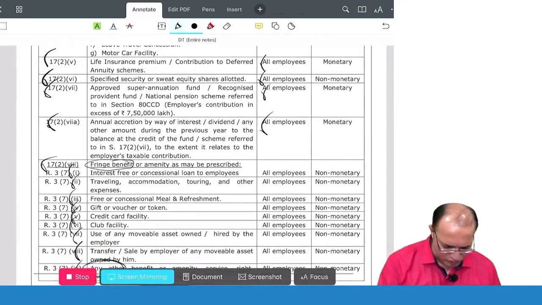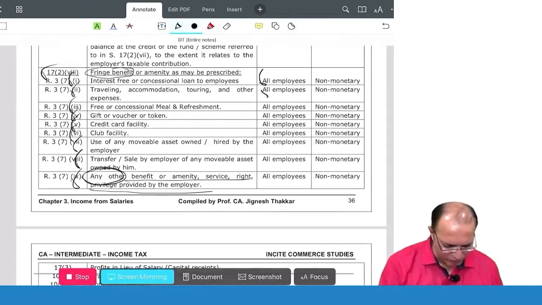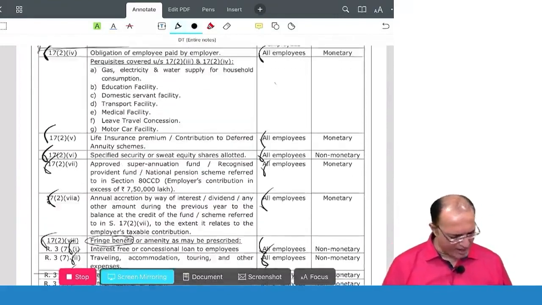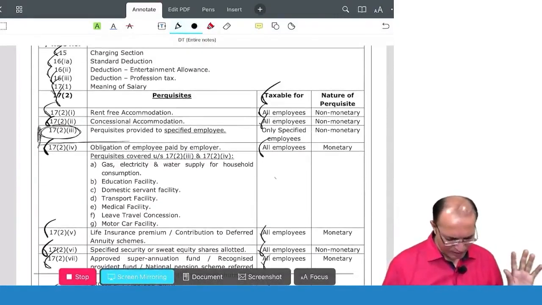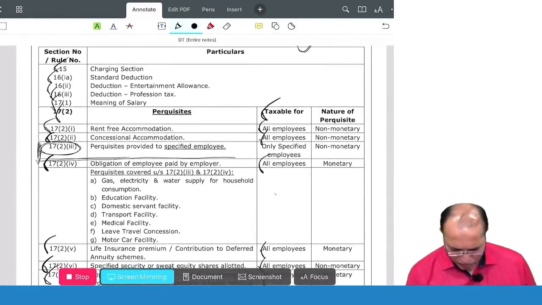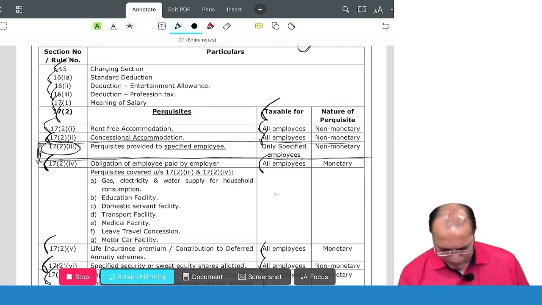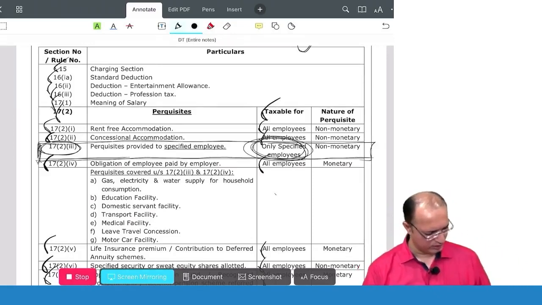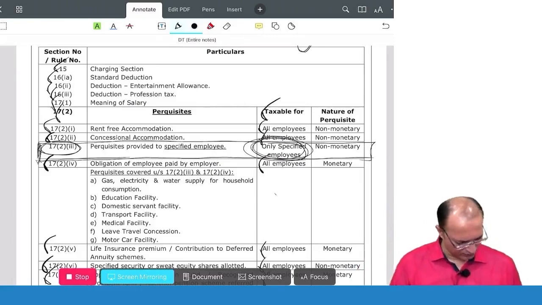So whatever perquisites we have discussed till now are taxable for all employees, specified as well as non-specified. But we have only one perquisite, covered by 17(2) clause 3, which is taxable only for specified employees. Yes, have you understood this much?